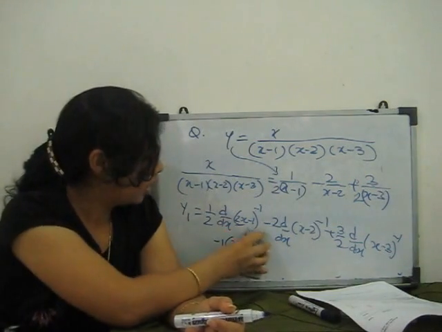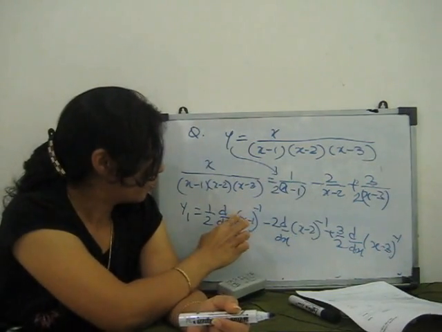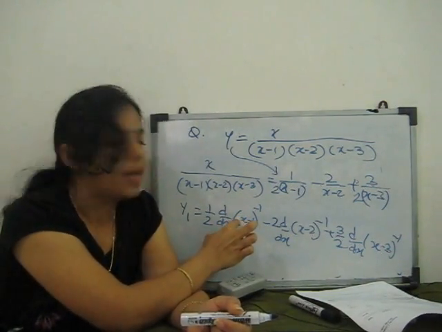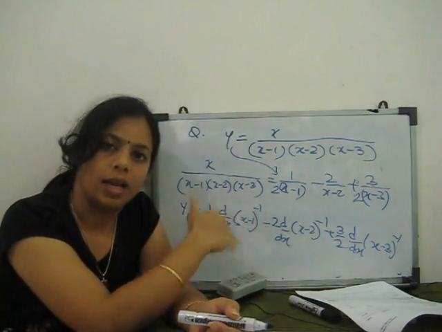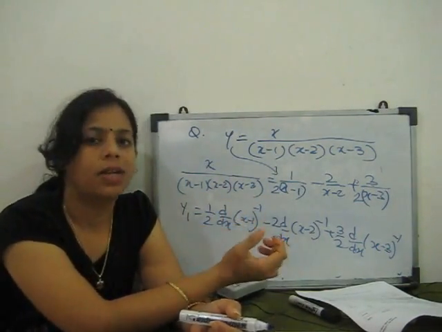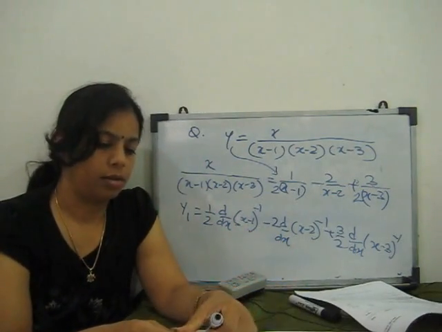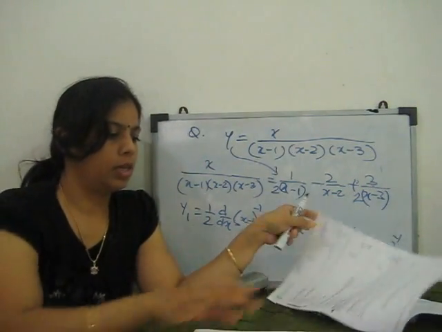If 2 is not there, no need to take any; the derivative of x is 1, so just directly. So y1, again y2, y3 you can find, any number of times you can differentiate.